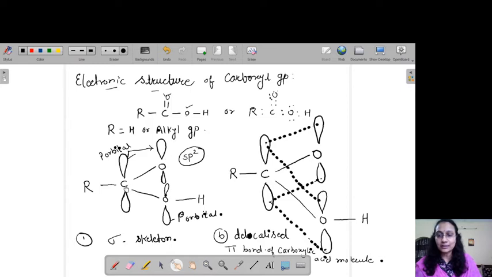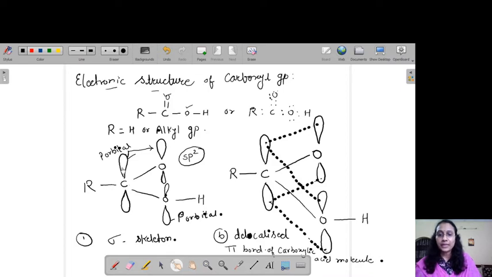The sp2 hybridized orbital of the carbon atom overlaps with the sp2 hybridized orbital of the oxygen atom, while the third sp2 hybridized orbital of the carbon atom overlaps either with the hydrogen atom or with the sp3 hybridized orbital of the carbon atom of the alkyl group to form this sigma bond.